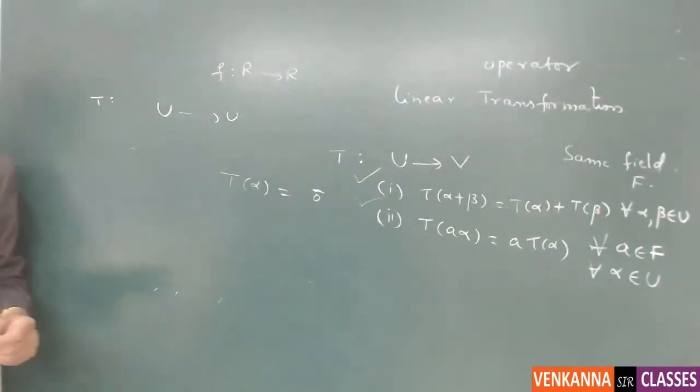So if domain and codomain are distinct, we call it a transformation. If domain and codomain are the same, we call it an operator.